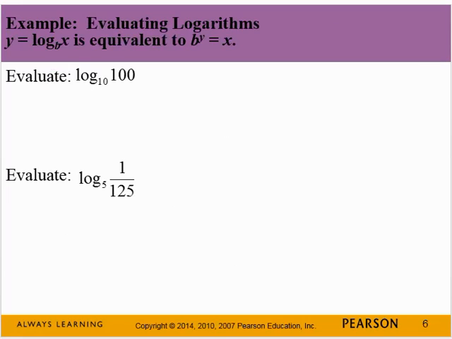So we were just doing conversions before. Now we're going to evaluate these problems. So you have log 10 of 100. If you think about your conversion, that means you have 10 to the y equals 100.